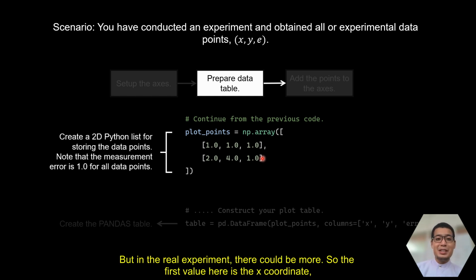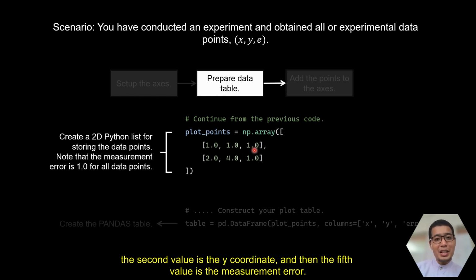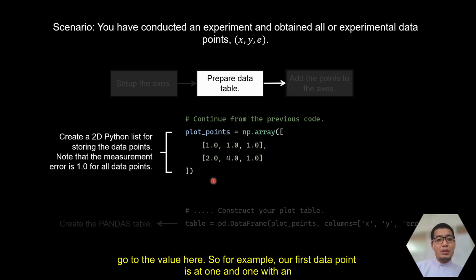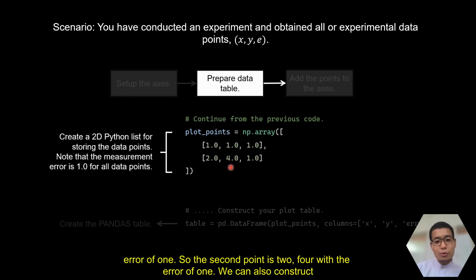The first value here is the x coordinate, the second value is the y coordinate, and the third value is the measurement error. Whenever you do a measurement, it will always come with an error. So for example, our first data point is at 1 and 1 with an error of 1. The second point is 2, 4 with an error of 1.